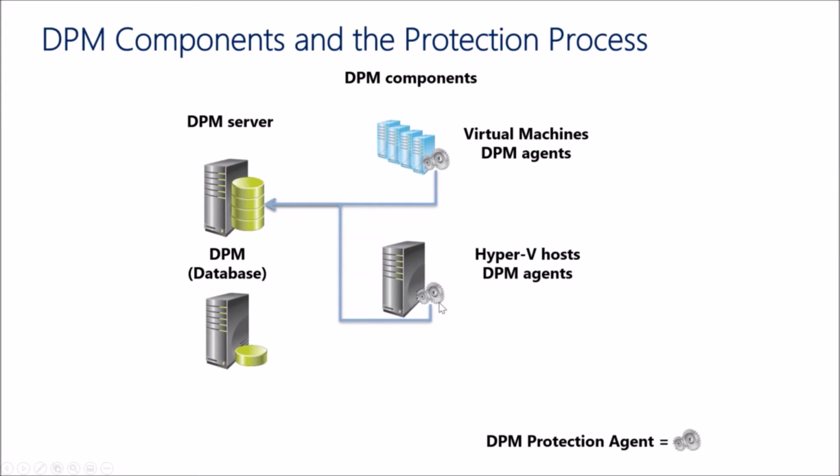If you've done the SCCM subject with me, you would know that agents are little bits of software installed onto these computers that allow us to send instructions as well as receive information from them. You can see there's an agent on the Hyper-V host itself, and there are agents that can be installed inside each of the virtual machines. It's called the DPM protection agent.